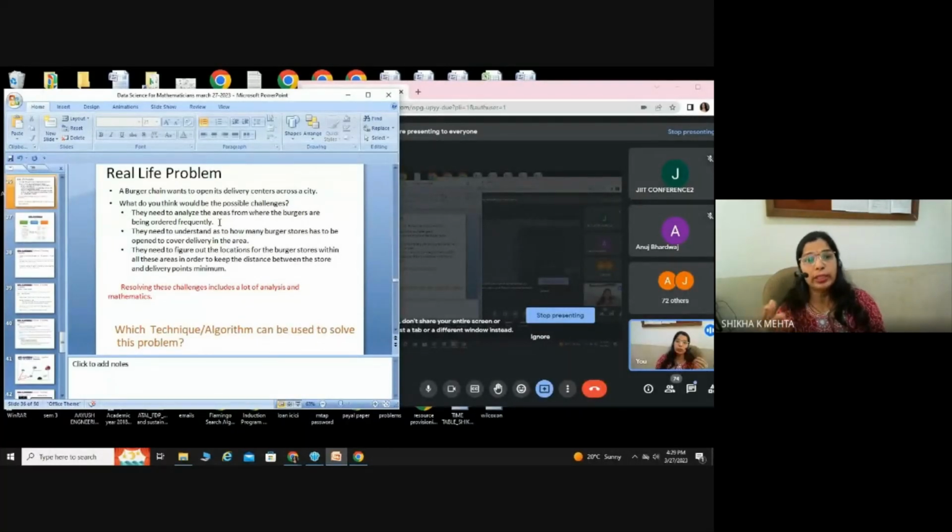So let us say we are talking about the burger chain. When you are giving any orders on any of these applications, whether it is Swiggy or Zomato, what kind of user information is stored over there?